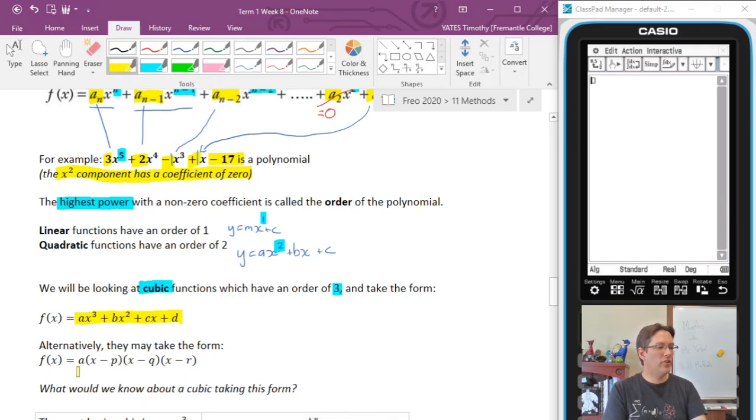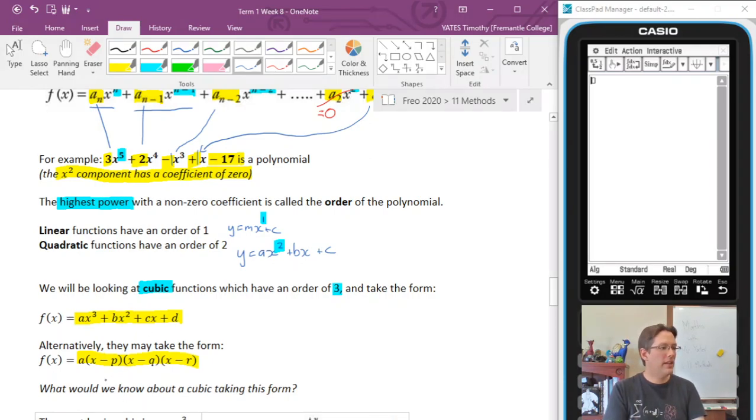They can also take this form, a(x - p)(x - q)(x - r). And we should have learned from our exam question earlier what exactly that means. So what will we know about a cubic taking this form? Take a minute to think about it.